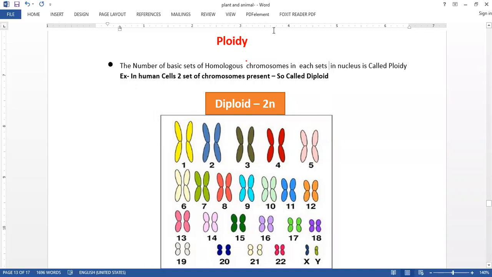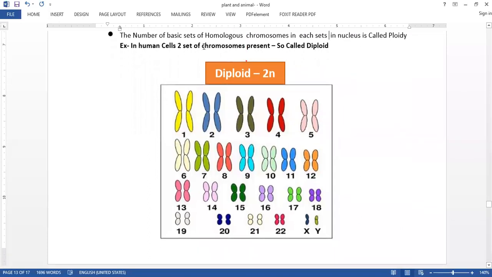Remember, normally in the nucleus, chromosomes are present in a different way. I have taken here one cell, which is a human cell. In this human cell, the chromosomes present, as I already said, are 23 pairs of chromosomes. These 23 pairs are present as pairs.